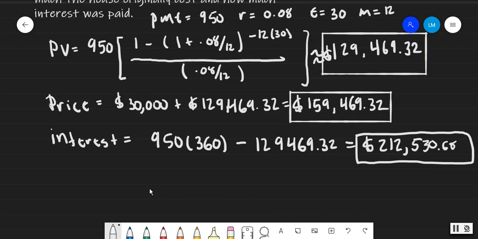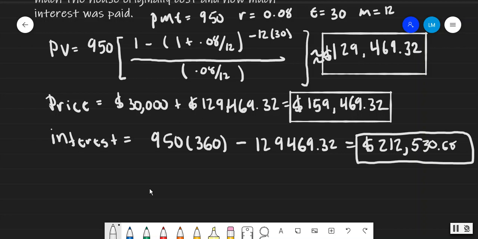Now, the thing that I usually ask in class is, what's the main thing that you notice? And the main thing that you will notice is that the amount of interest that they paid back is more than the purchase price. And then you could also just think about overall how much did they pay for the house in that sense.